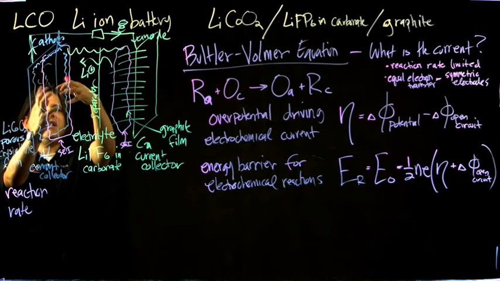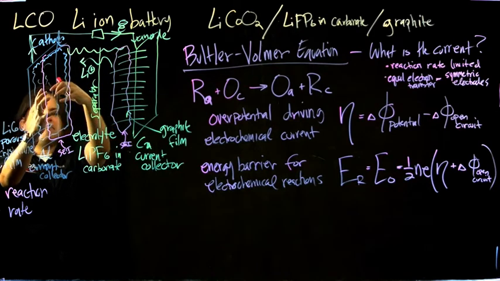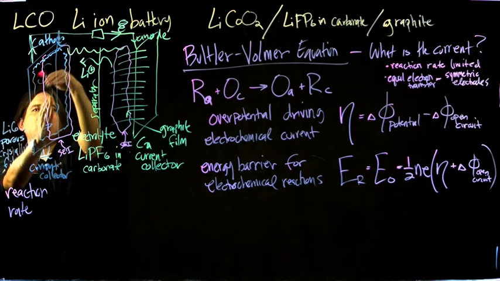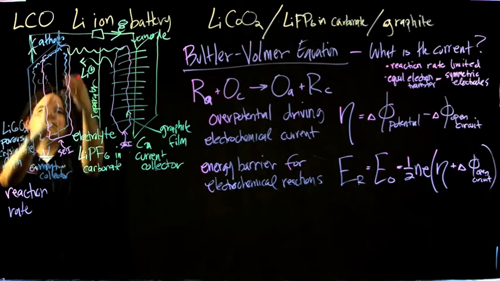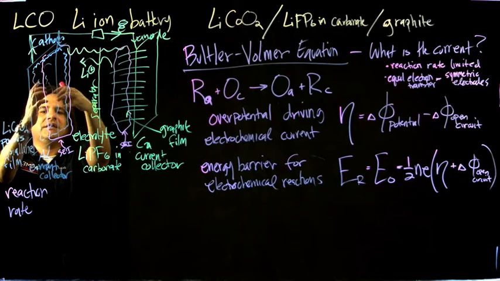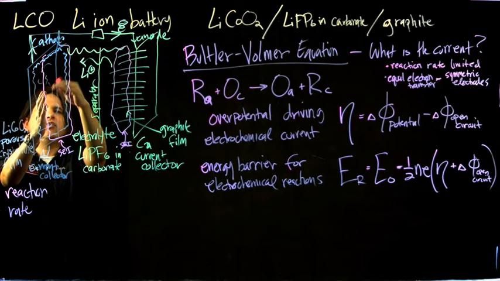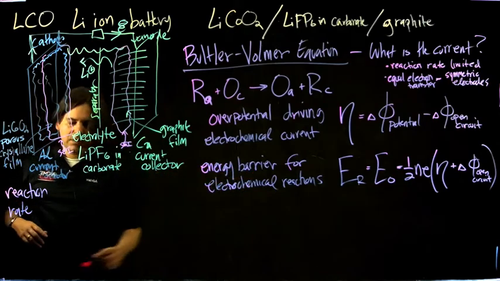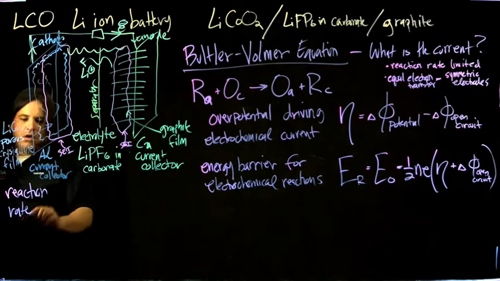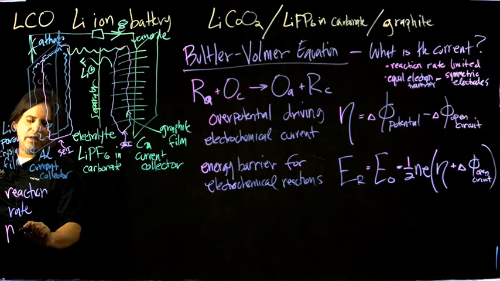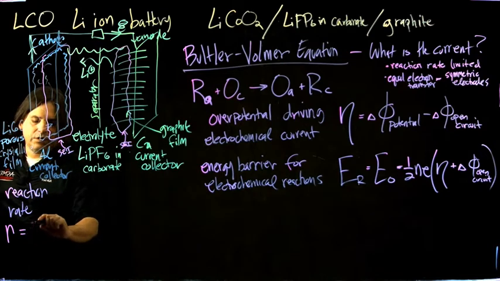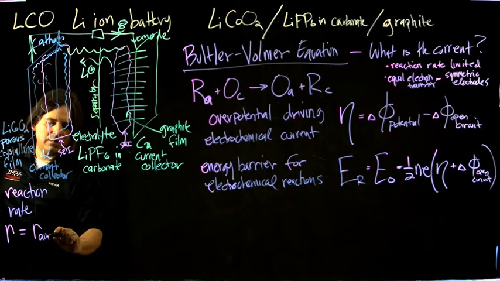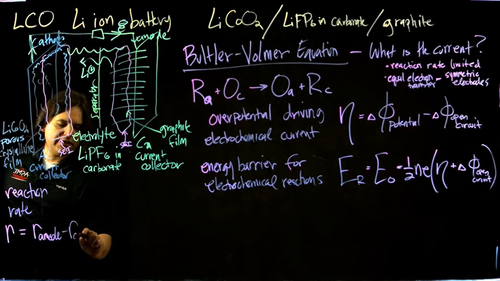And the rate that that happens, let's say that it doesn't matter how long it takes the things to move in and out. Let's say that that's faster, so you only have to worry about the energy barrier effect. So in general, the reaction rate equals the reaction rate at the anode minus the reaction rate at the cathode.